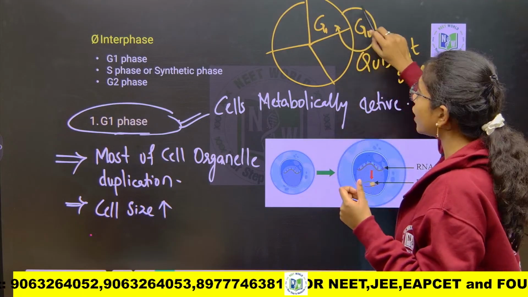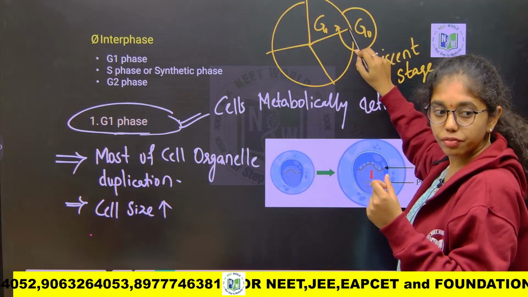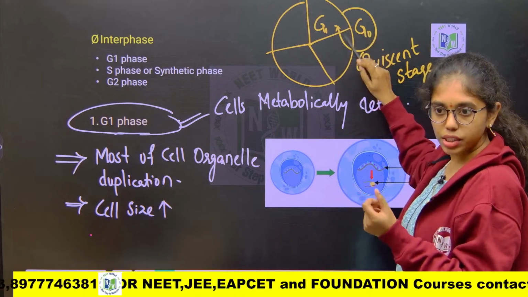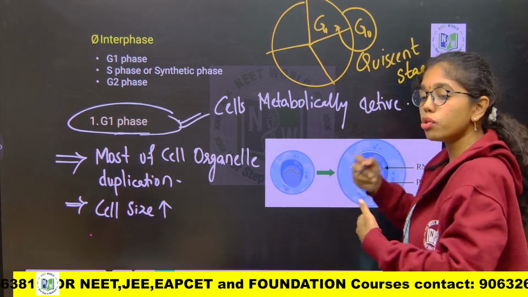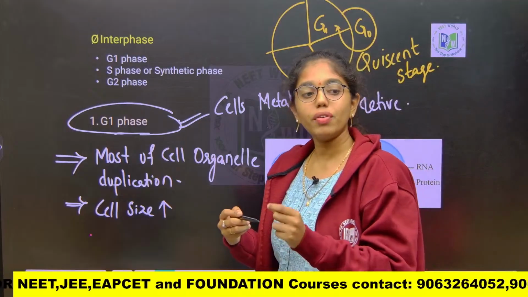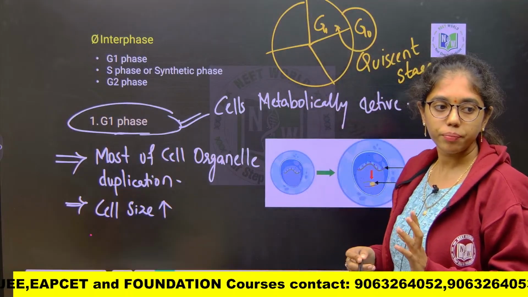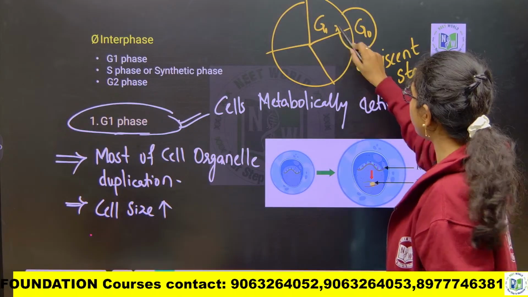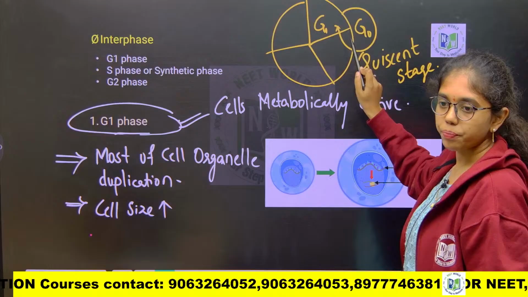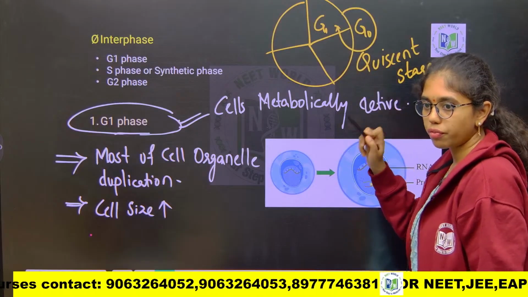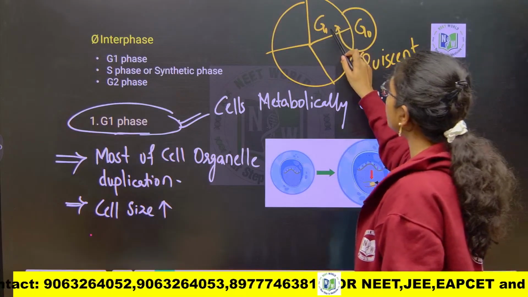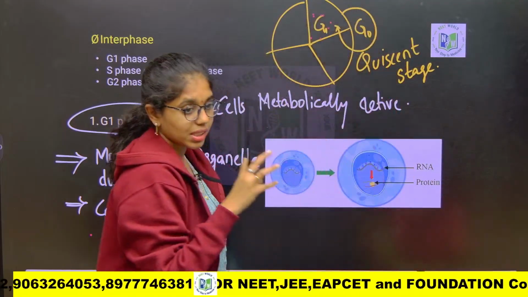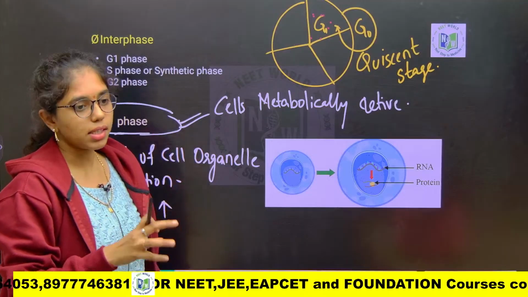So, from which phase to which phase will the cells move if they are in an inactive stage? G1 to G0. Name few cells which go for rare cell division: heart cells and nerve cells, from G1 to G0 phase. Permanent tissues also from plant cells. This is called as the quiescent stage.